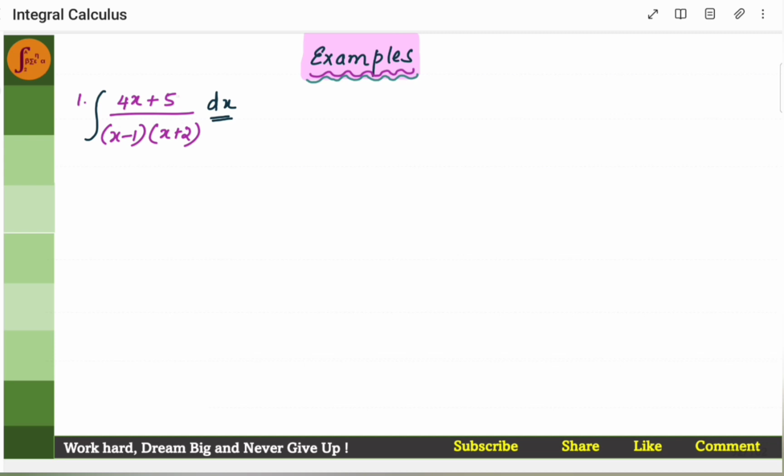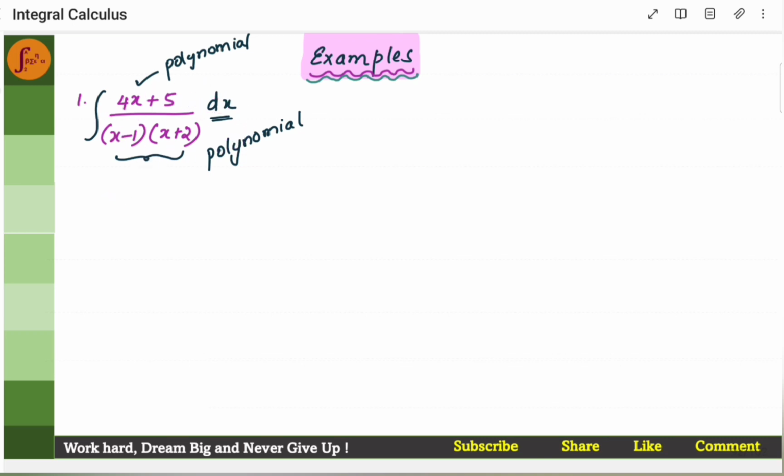Given a question, if you have functions in the form of a ratio, a polynomial in the numerator and also a polynomial in the denominator, and if there is a product of multiple terms in the denominator, and you cannot split it, I can't split this, in such cases, use the partial fraction method. They wouldn't specify which method to use, but we'll have to figure out, looking at the problem, which method needs to be used.